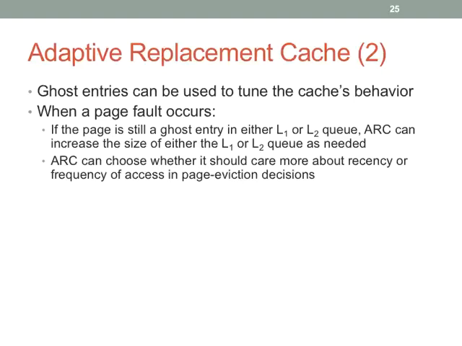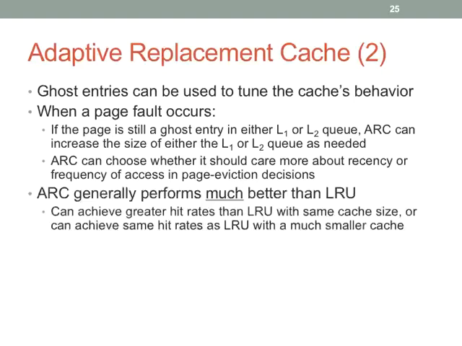So basically, I can tune back and forth based on program behavior what would be the best approach, what information I should consider most for making my eviction decisions. And so this adaptive replacement cache approach really kicks LRU's ass. That's the technical term for it. It can use the same cache size and well exceed LRU's hit rate as far as avoiding faults. So that's a pretty cool thing.